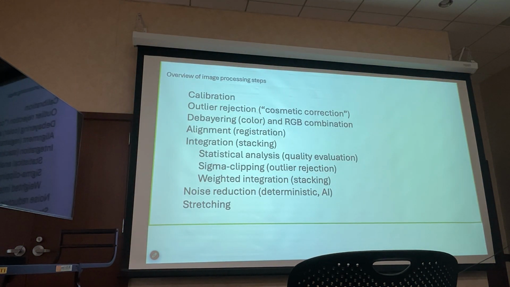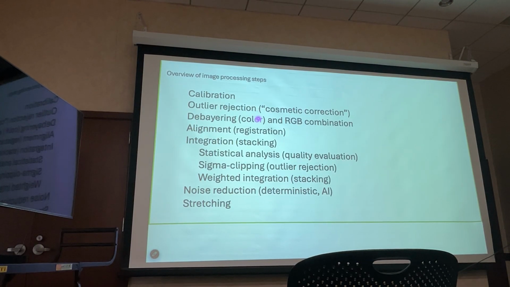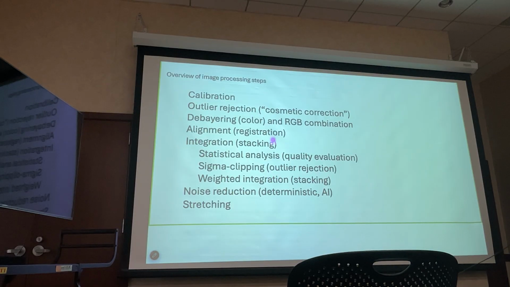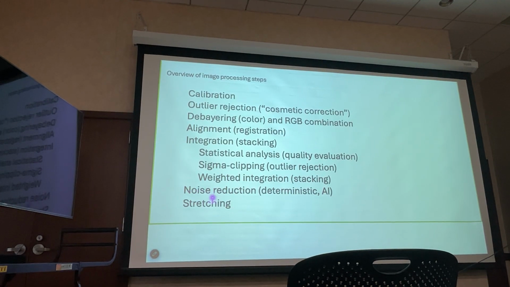So I'm going to quickly walk through the steps, starting from calibration, which I'll talk about in more detail later, then outlier rejection, debayering if we have a color camera, a so-called OSC, one-shot color camera, alignment, and integration. This actually has several steps in it that I'll go through very briefly. I'm not going to talk at all about noise reduction. It was just too much to go into in a short presentation.